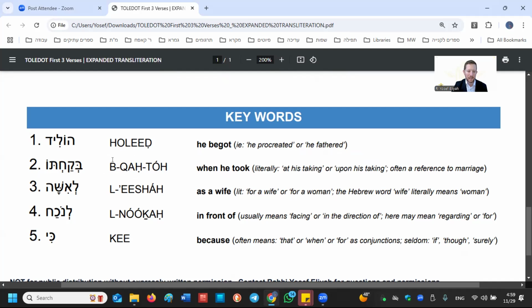Bakahte means when he took, and literally this is a noun, not a verb. So it's like at his taking, the O is possessive, upon his taking. But in English, we'd express this as a verb, when he took.